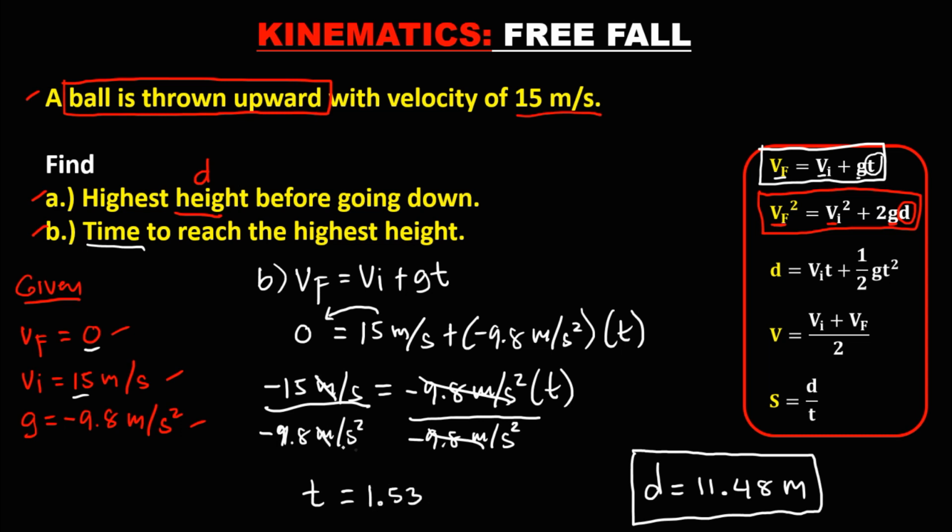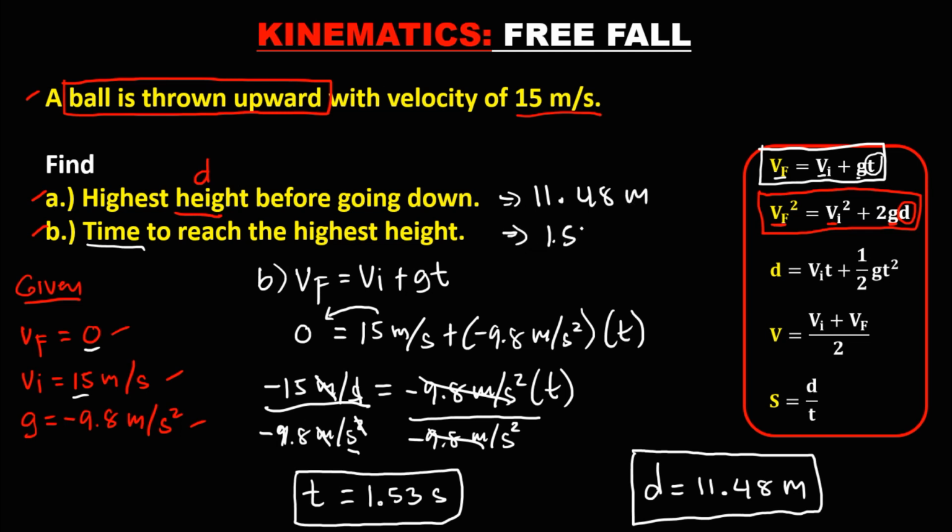Then cancel these meters and cancel the seconds squared, so the unit is seconds. So the time is 1.53 seconds. So the highest height is 11.48 meters and the time is 1.53 seconds.